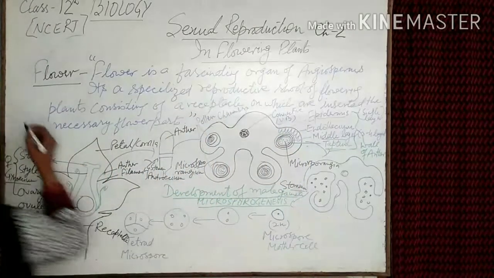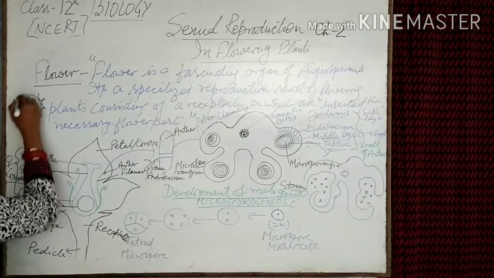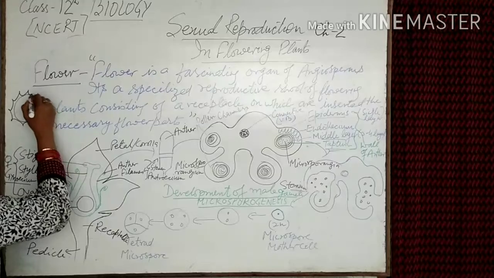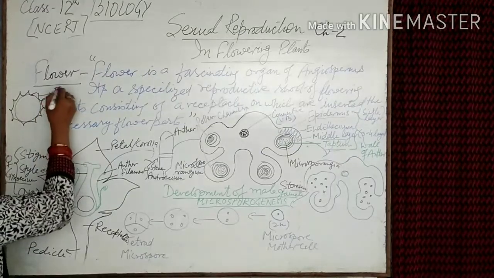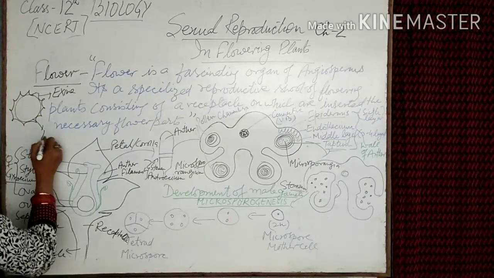The outer layer of the pollen grain is known as exine, and the inner layer is known as intine.